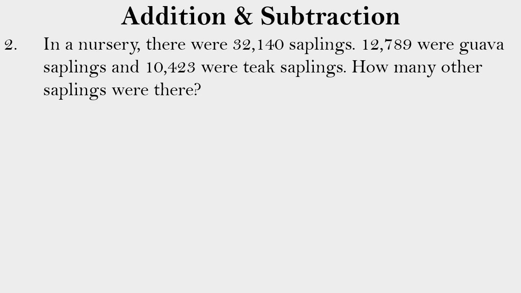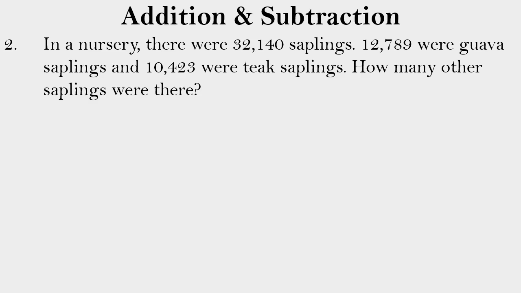From those saplings, 12,789 were guava saplings. That means you take this and you then go and plant it and it becomes a guava tree. And 10,423 were teak saplings. Now they want to know if guava and teak were what they have given you, then how many other saplings were there in that 32,140.